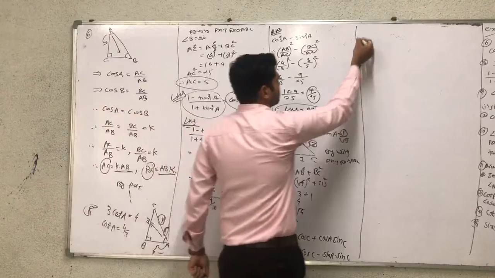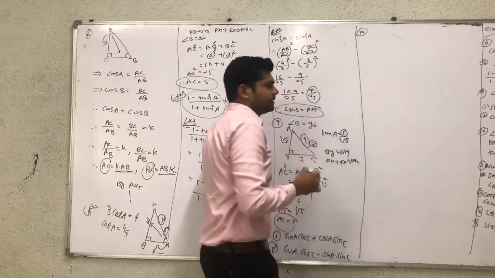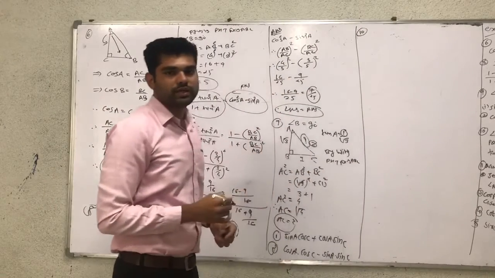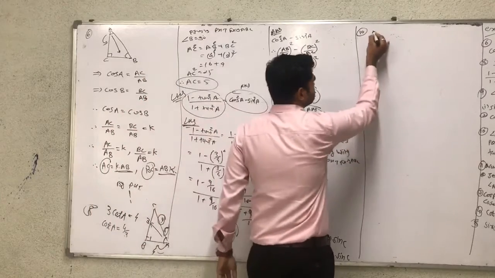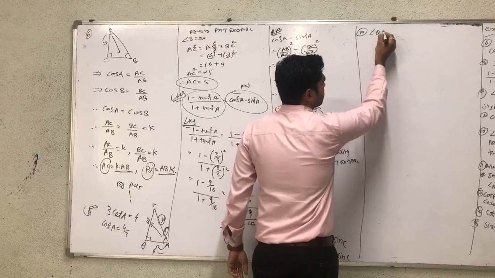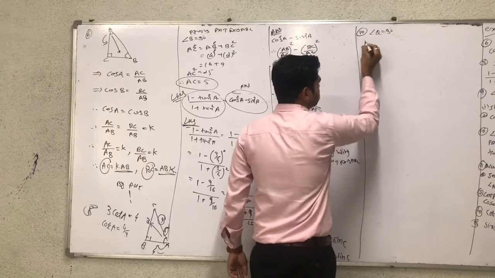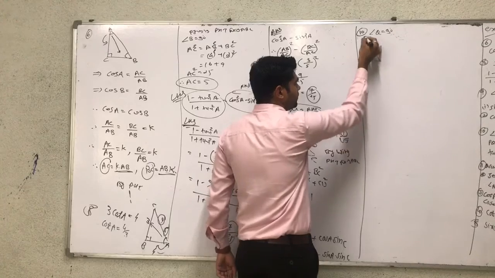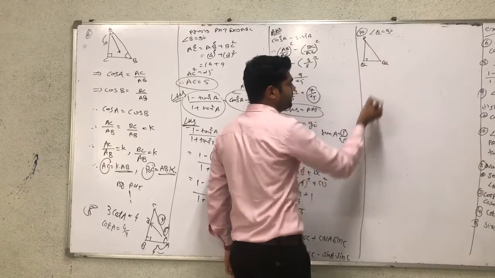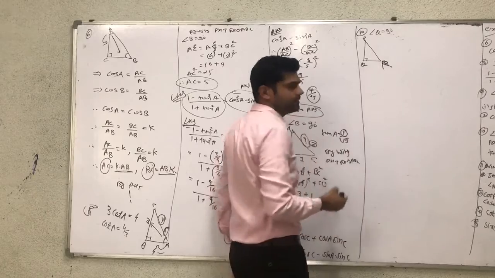Question number 10. In question number 10, we are given triangle PQR. Angle Q is equal to 90 degrees. So P and R are on this side.